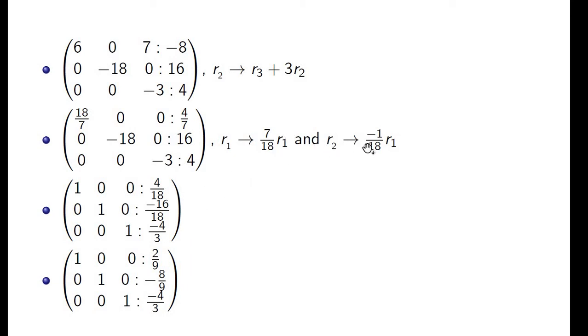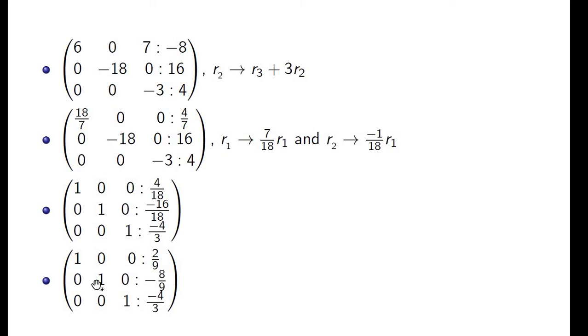And row 2 should also change. In order for this pivot to be positive 1, we multiply it by a negative 18th. So we get 0, 1, 0, right? Negative 16 over 18. And in order to change this negative 3 to 1, we need to divide by negative a third, right? When we divide by negative a third, we get 0, 0, 1, negative 4 over 3.